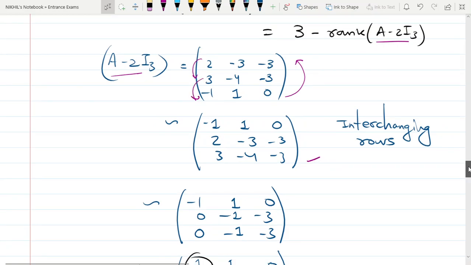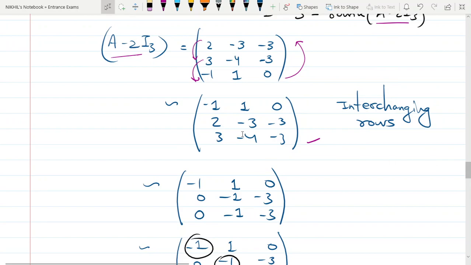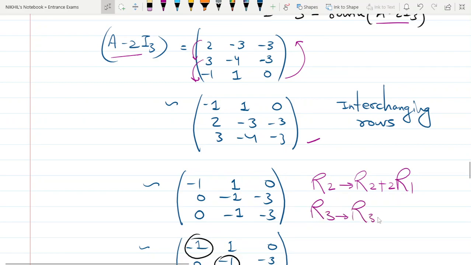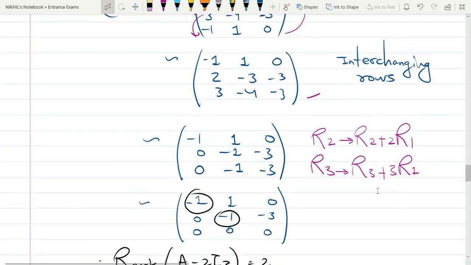Now R2 changes to R2 plus 2 times R1, and R3 changes to R3 plus 3 times R1. These are two elementary operations which I can apply. After simplifying, the matrix will look like this.